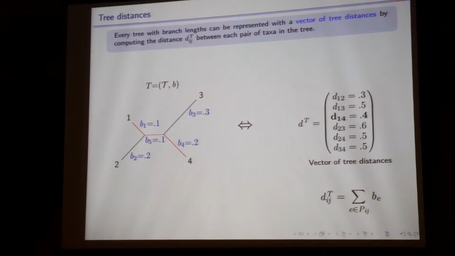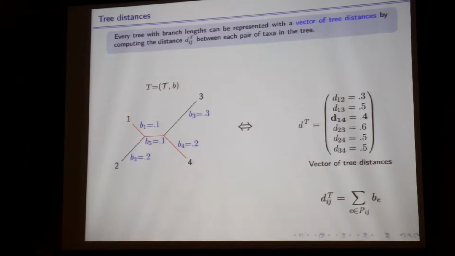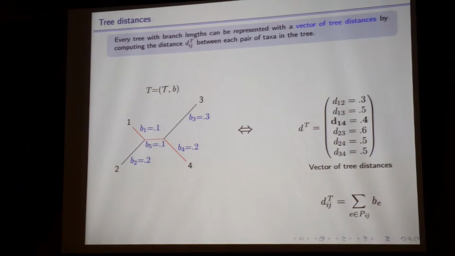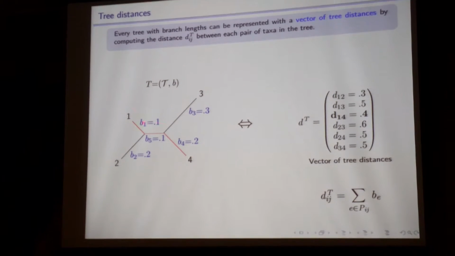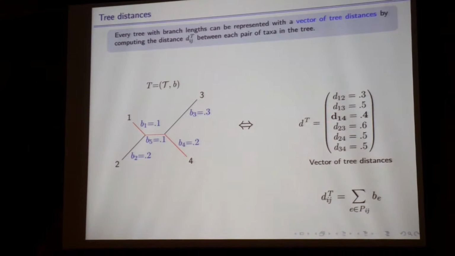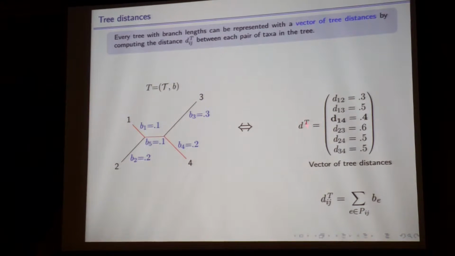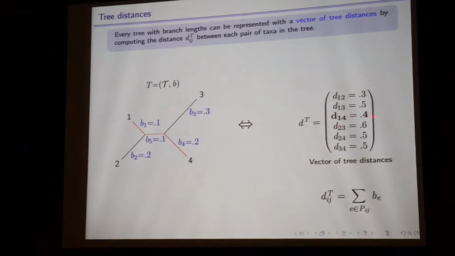So before presenting my method, I will introduce some properties of phylogenetic trees. Every phylogenetic tree can be represented with a tree distance vector, and for example, for this tree, the distance between the taxon 1 and 4 is 0.4.